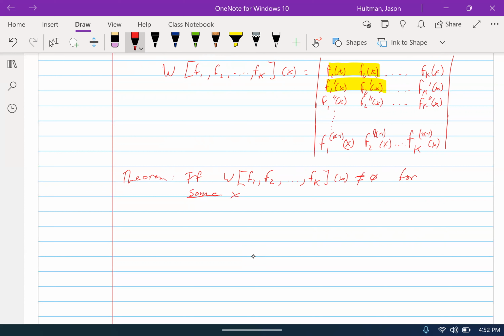If this thing is not equal to 0 for some value of x in an interval, then the functions are linearly independent on the interval.